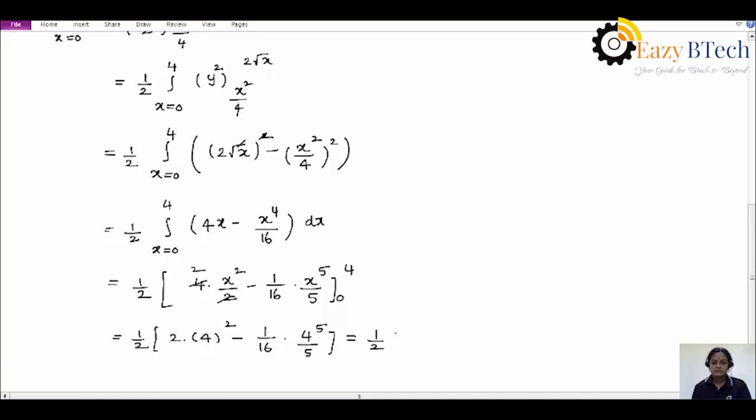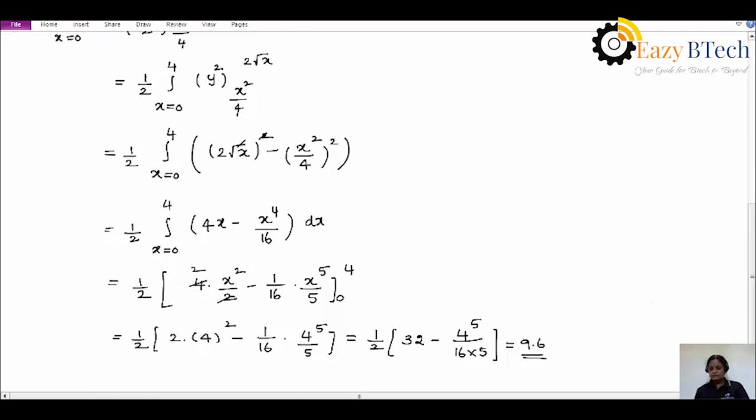Then 1 by 2, 16 into 2, that is 32, minus 4 power 5 by 16 into 5. Then finally you will get the answer of this term as 9.6. Okay, this is the answer of this question.